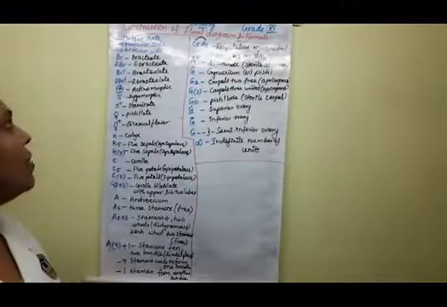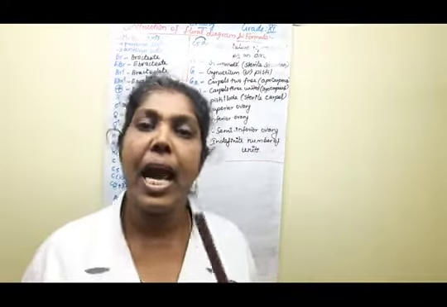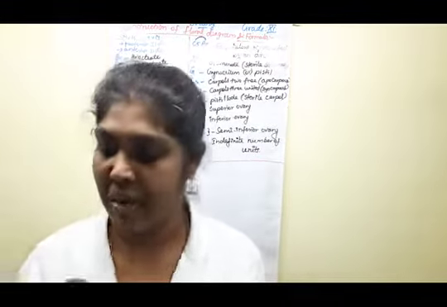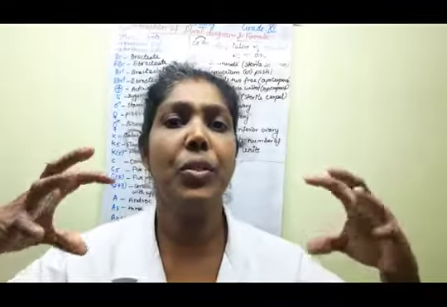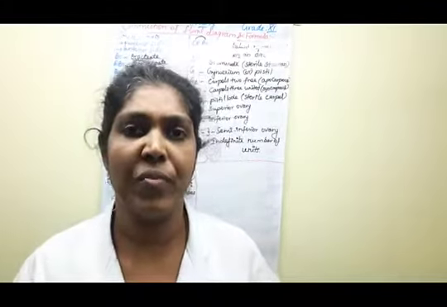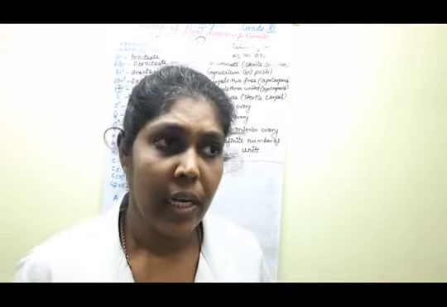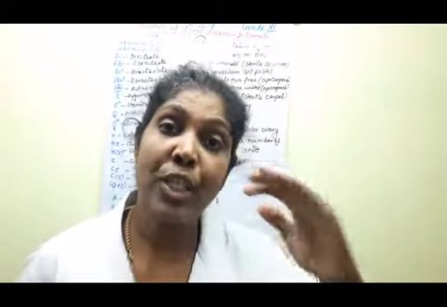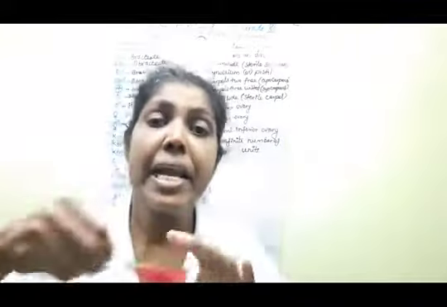Yes. Next, here we mention whether the flower is actinomorphic or zygomorphic. We have already completed how to identify actinomorphic and zygomorphic. What is the meaning of actinomorphic and zygomorphic, children? Do you remember? Yes, good. Actinomorphic means that if we take a longitudinal section, or cut this flower, in any direction, we get two equal halves. Zygomorphic means that only when we cut the flower in one direction do we get two equal halves.